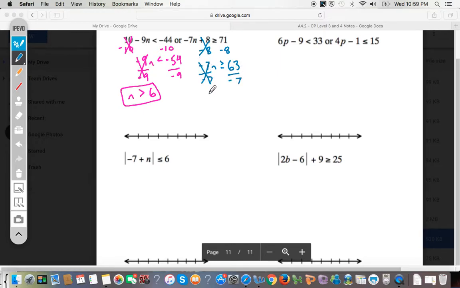These negative 7's cancel, so I have n is greater than or equal to 63 divided by negative 7, which is negative 9. Okay, so let me graph this one. How about I put negative 9 right here, and I put 6 right here.